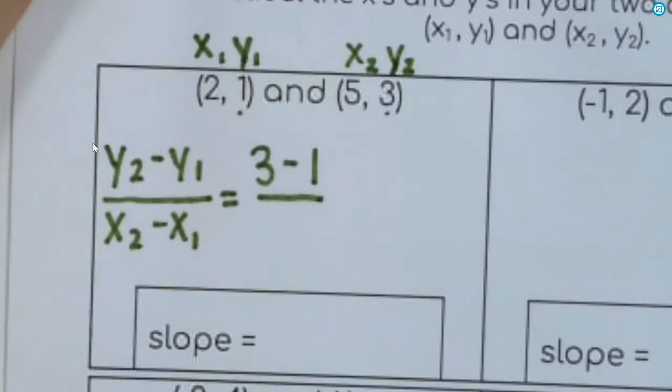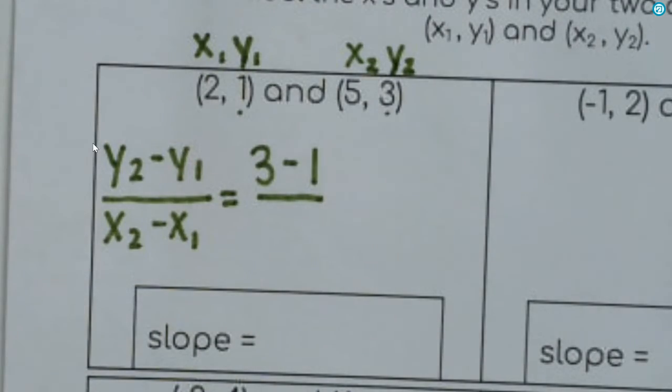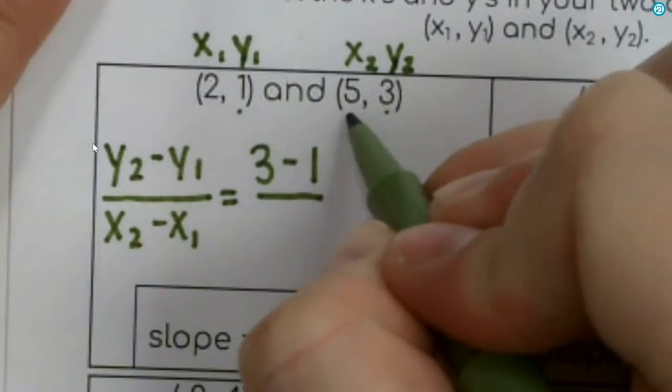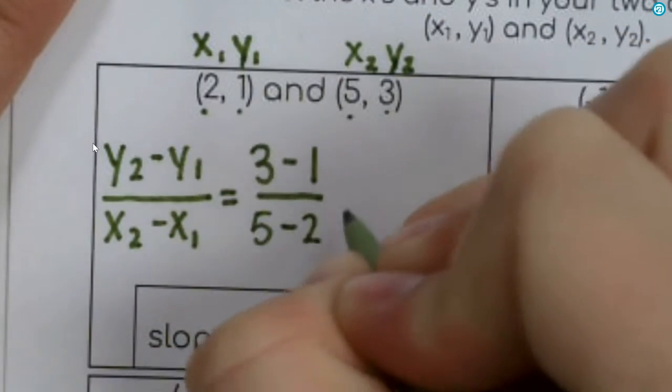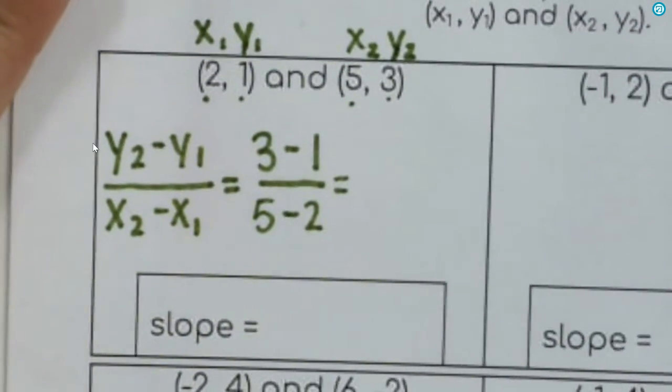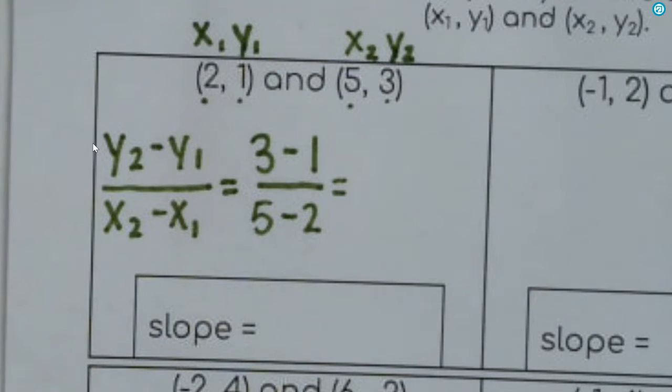So on top, I have 3 minus 1. And then on bottom, I do x2 minus x1. x2 is 5 minus x1 is 2. So 3 minus 1 on top, 5 minus 2 on bottom.